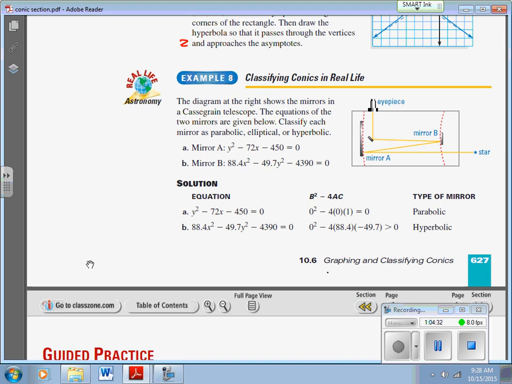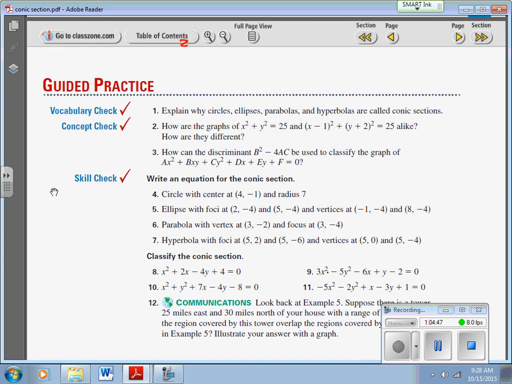You notice that the b squared minus 4ac part is the square root part in the quadratic formula.